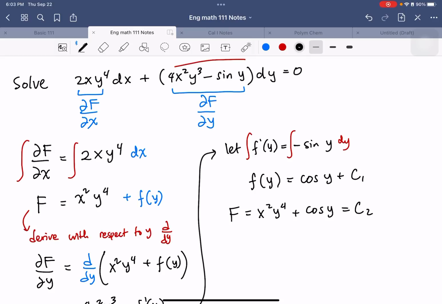So let me start with the definitions first.